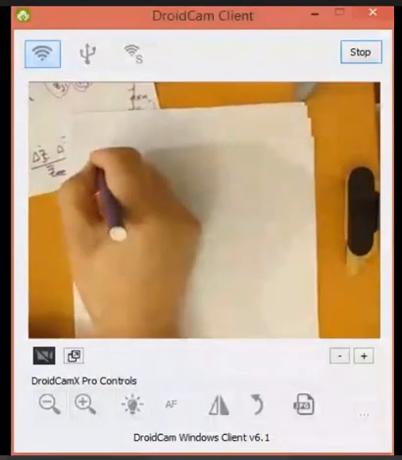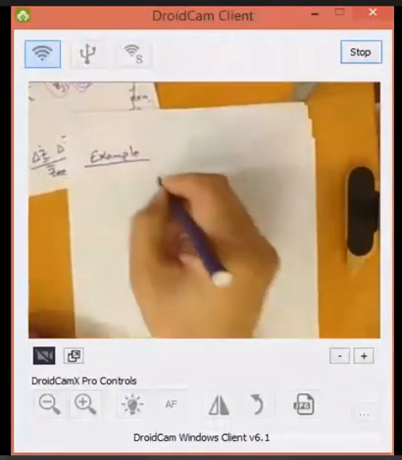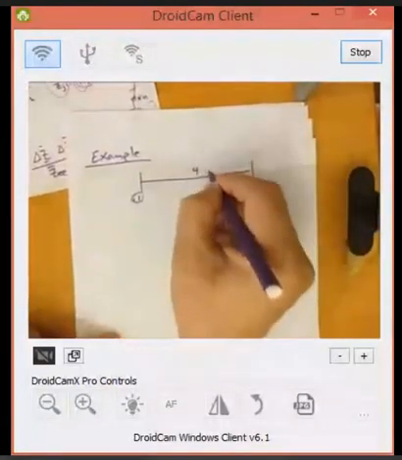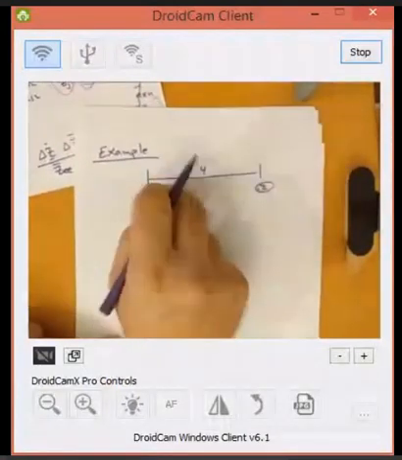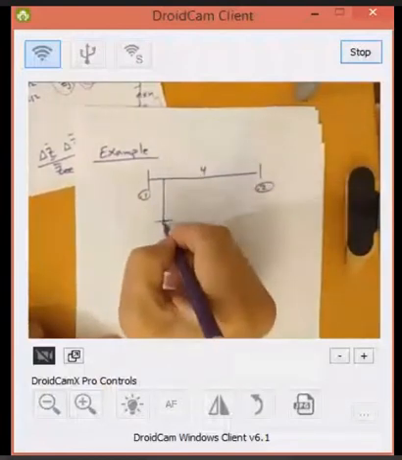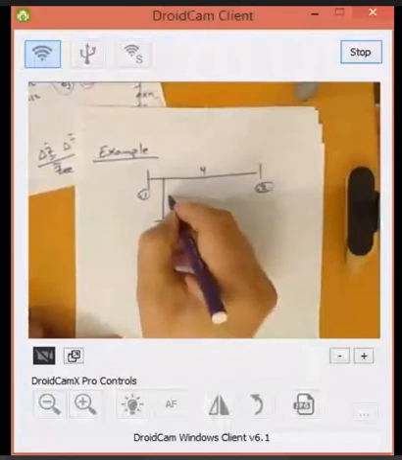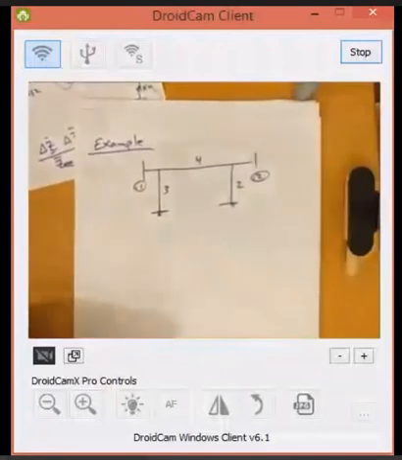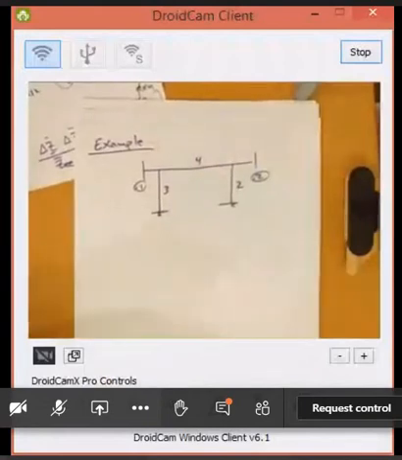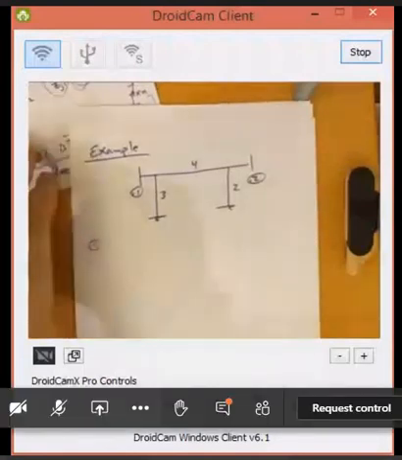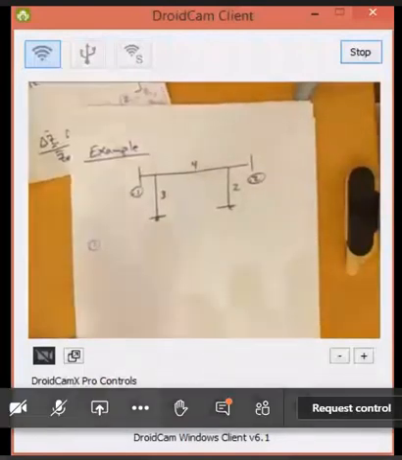A simple example. Let me do the previous example again. The 4 ohm. But be careful, since we are working with Z, all values should be as impedances, not admittances Y. So this is 3, this is 2. How to start? Step number 1: we have Z old and we add a new element to it.